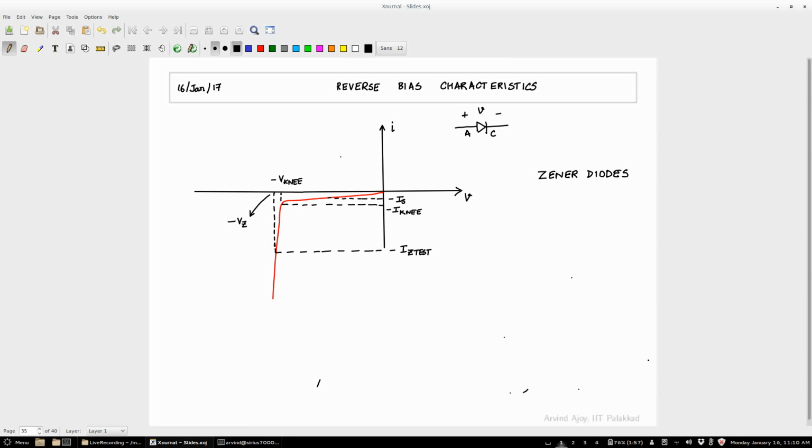We won't worry about that in this course, the difference in the mechanism of breakdown. Zener breakdown refers to breakdown with tunneling. Avalanche breakdown refers to a process wherein you have the creation of an electron hole avalanche. Okay, we'll explain these things in detail in the next course. Let's not spend time on it now. Okay.